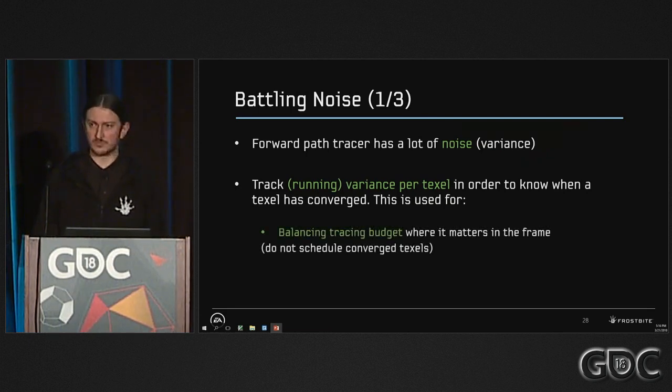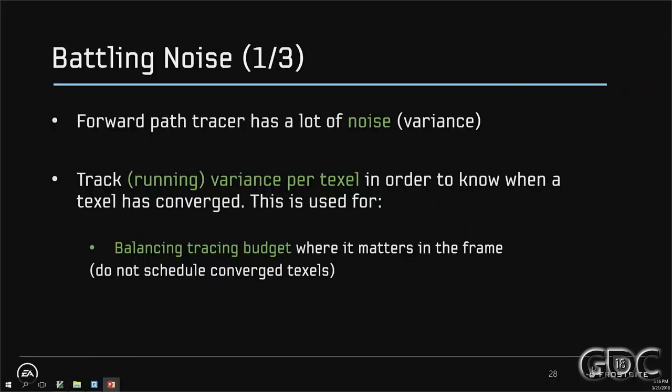And that is used for different things, first to balance the budget, because if we know that a texel has converged, then we don't need to schedule it. We know it has converged, let's skip it. It's for preview, so it's okay. And we use it also to denoise the light map.